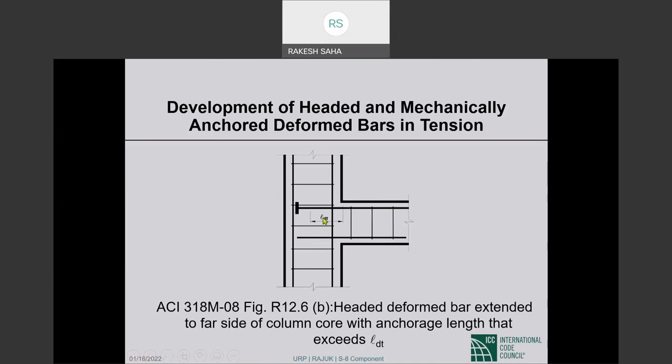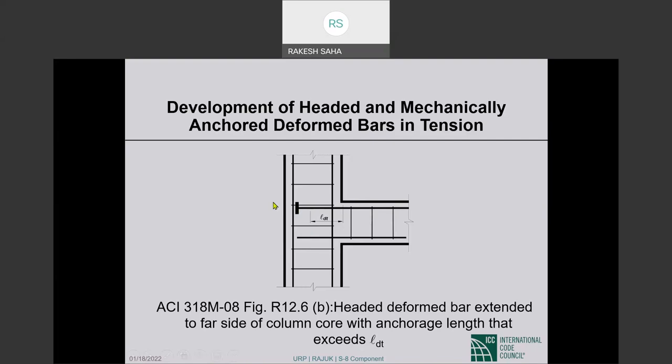If you are using a head, L sub dt will take you up to here, so you can terminate the headed bar here. But ACI 318 is saying take it as far as you can, subject to adequate cover being provided and subject to no interference with the column bars. So although the head could be terminated here, take it as far as you can towards the face of the column, still keeping sufficient cover and not interfering with column reinforcement.